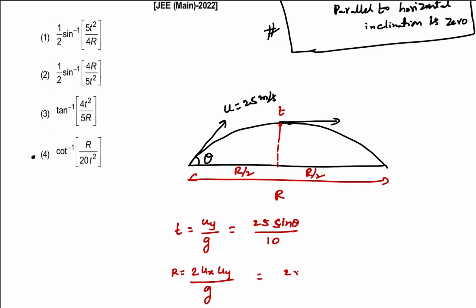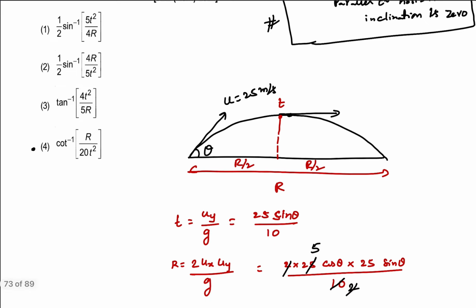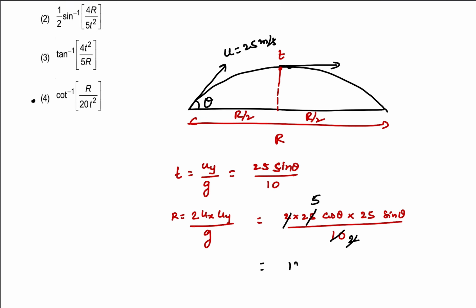You can write the value as 2 into ux, which is 25 cos theta, into 25 sin theta, whole divided by g, whose value is 10. We can write 25 as 5 times 5, and here 2 times is there, so 2 and 2 get cancelled. 125 into cos theta into sin theta, this value is equal to r.